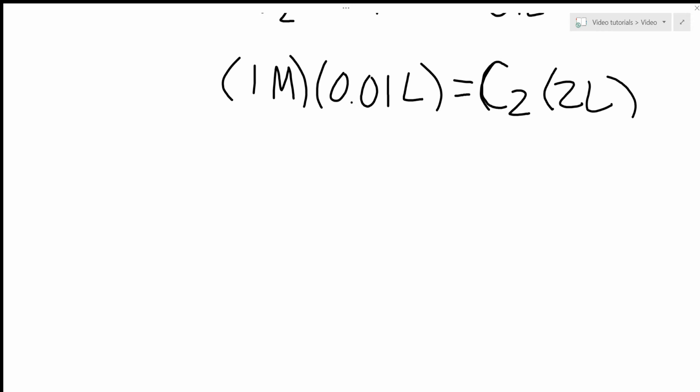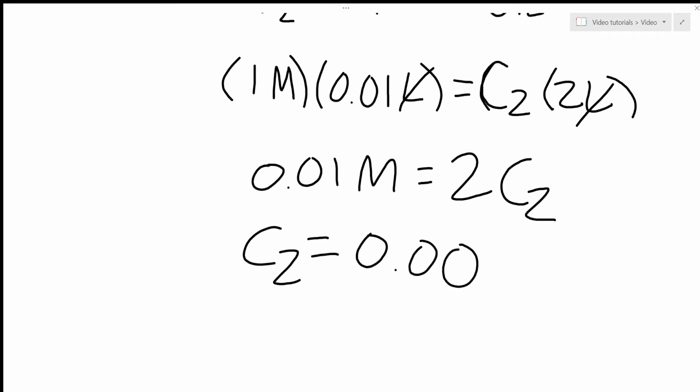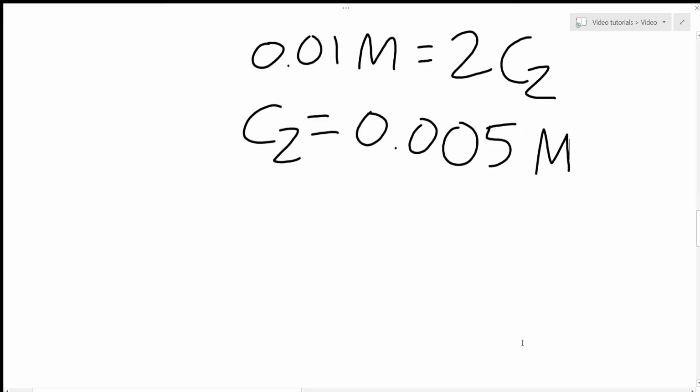And then, so we can cross out liters there, and we have 0.01 equals 2 times C2, and dividing both sides by 2 gives a C2 of 0.005 molar. Sometimes the units aren't quite so easy, and that's where the dimensional analysis comes in.